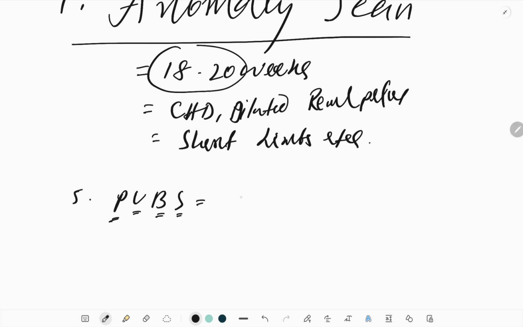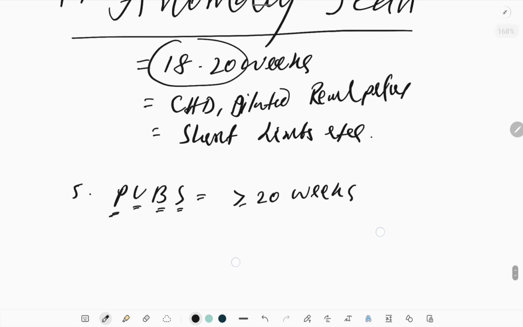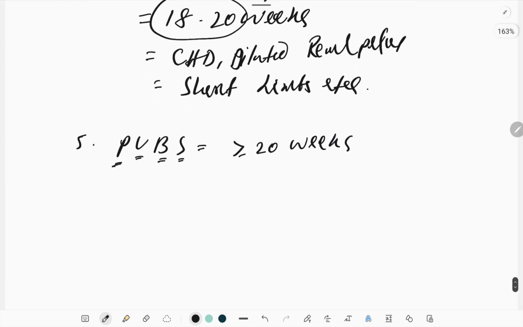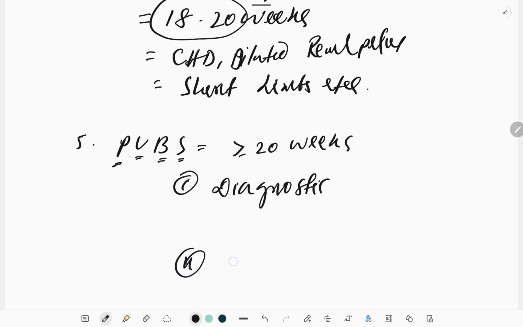The optimum duration of doing PUBS is around 20 and after 20 weeks of gestation, and the goal of doing PUBS may be diagnostic or maybe therapeutic.